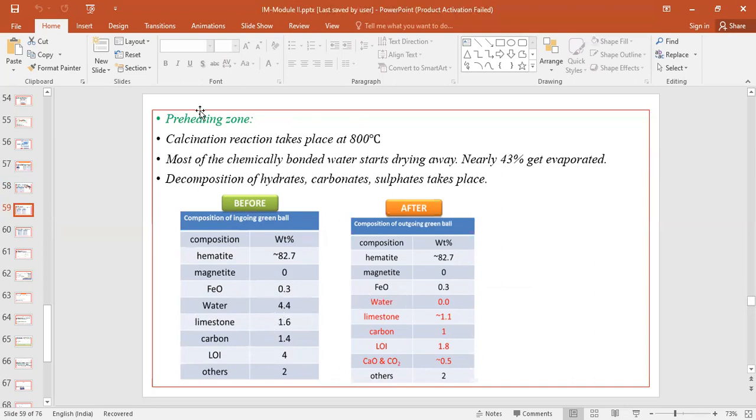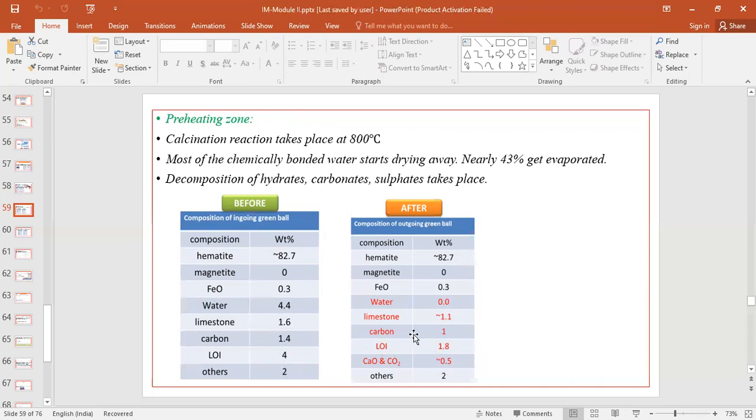And as I told you, there is a dissociation of limestone that basically takes place, which is the formation of CaO and CO2. So that you can clearly see here. The limestone content initially is 1.6, and after dissociation it is reduced to 1.1. Then carbon is 1%.